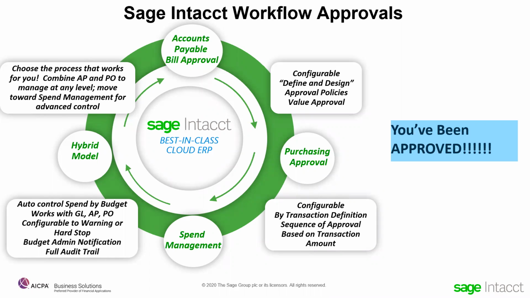If you are issuing purchase orders, then you can certainly continue to do that in Sage Intacct. And part of that configuration is to define what that workflow looks like in the way of approvals. And again, that might be based on a person looking at that transaction. It might be based on a dollar amount.